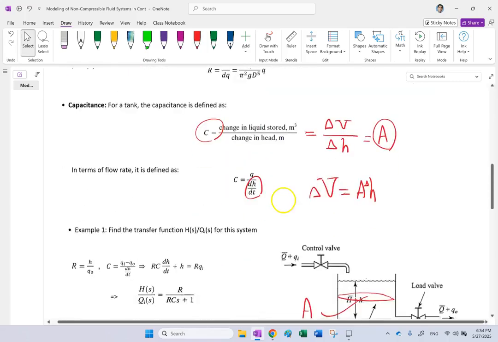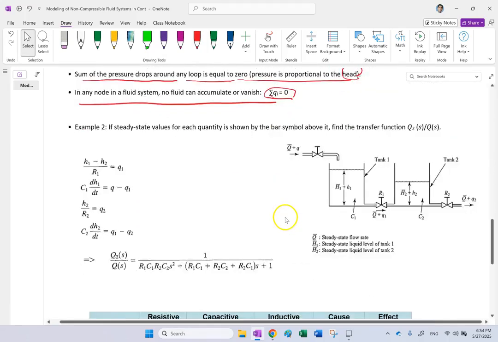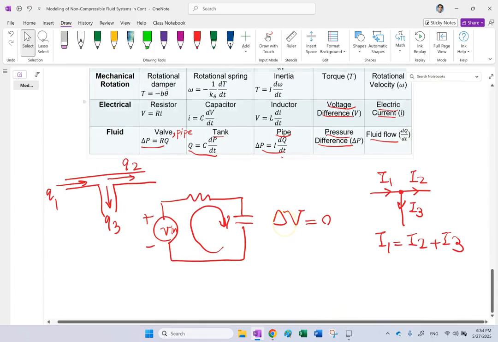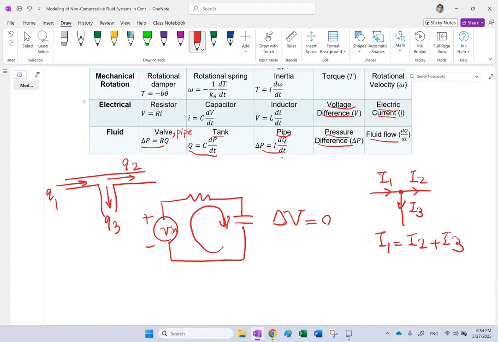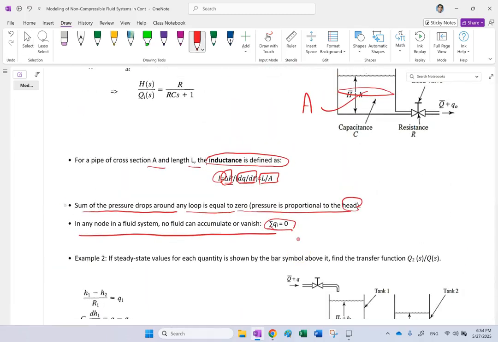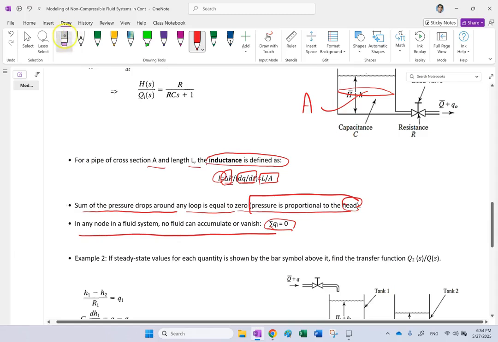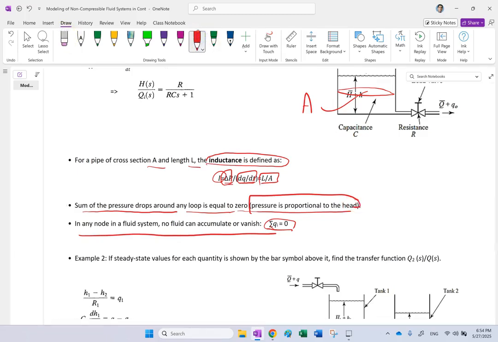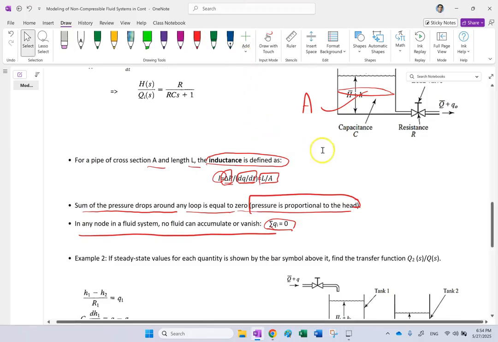So instead of saying the sum of the heads equals 0, we say the sum of the pressure differences is equal to 0 when you go around the loop, because pressure is proportional to the head. That is something important that I wanted to emphasize for you. So these are similar to Kirchhoff voltage and current law.